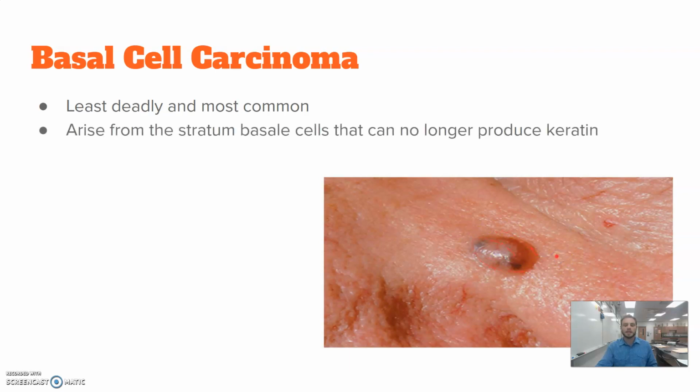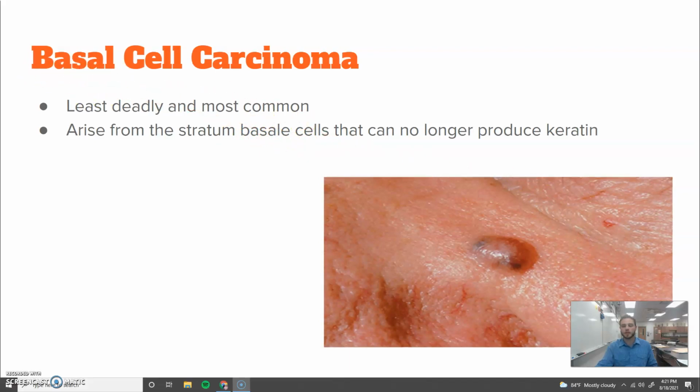But what happens is your stratum basal cells can no longer produce keratin. They have some sort of mutation that prevents them from producing keratin. And that can lead to the unregulated mitosis that we have here. You might see stratum basal being very closely tied to basal cell carcinoma. So that is a way that you can keep those tied together.